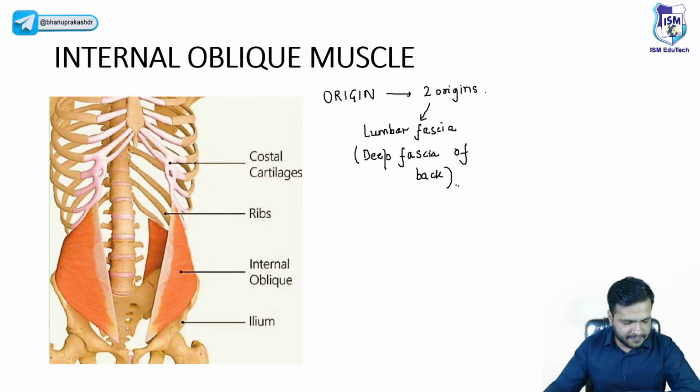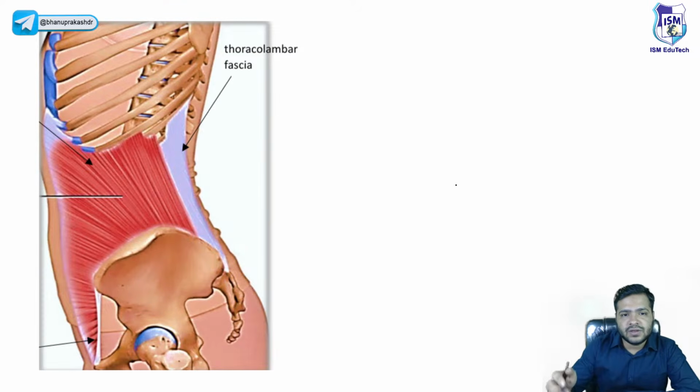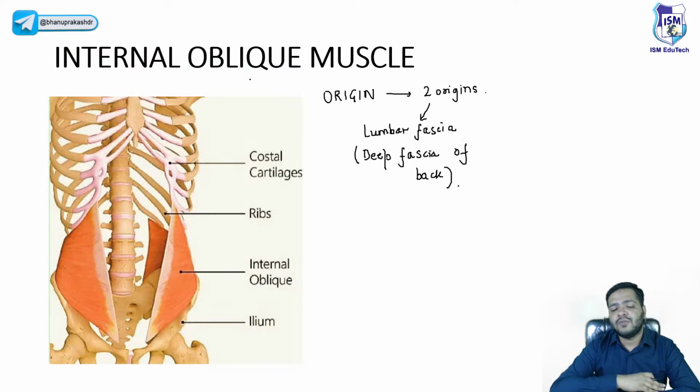If you can see it over here, this white colored membrane is a fascia, situated at the back. That is the thoracolumbar fascia, and it is one of the origins for the internal oblique muscle.